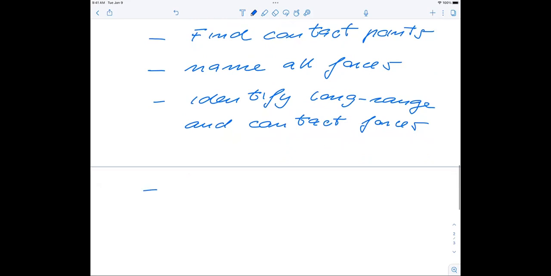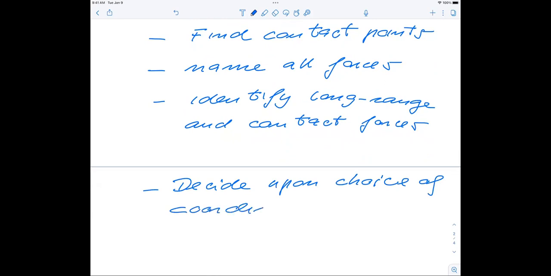And then comes another thing which we have to define, and that's to decide upon the type of coordinate system which we want to deal with. Decide upon choice of coordinate system. And the one which feels very intuitive for most of us is the standard Cartesian coordinate system.